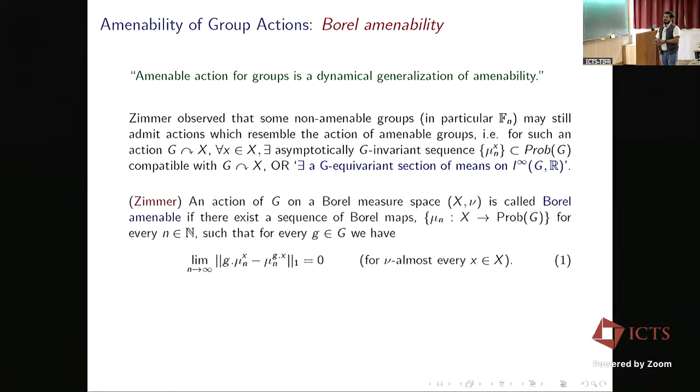So this was the definition. Actually, this is an equivalent definition of Zimmer's definition. This is not the exact one he defined.